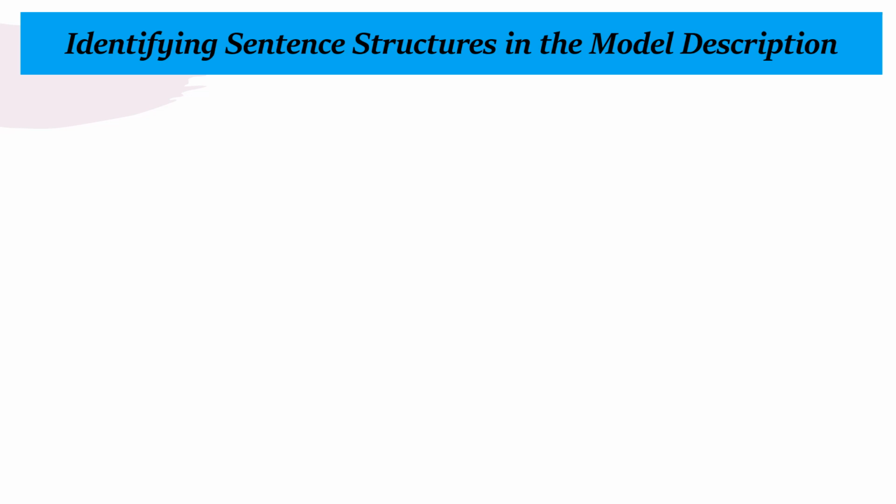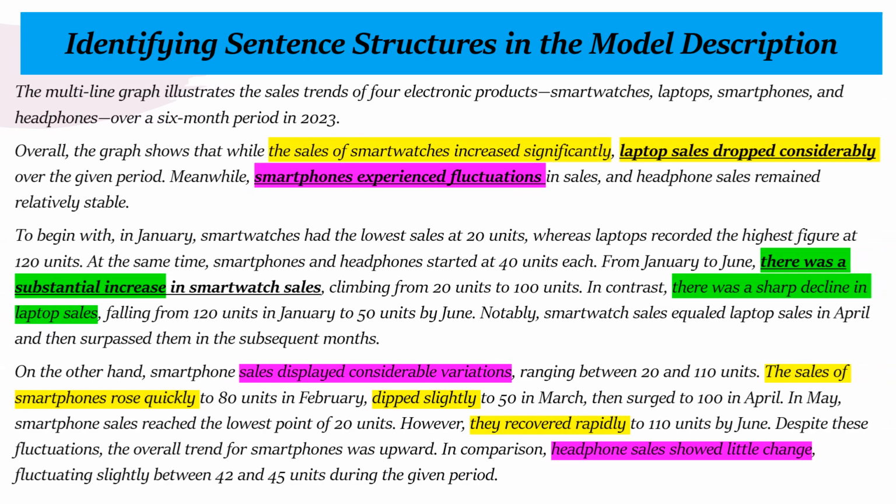Now let's check your answers. I have kept the original examples from the previous slide, but now all the sentences that match these structures are highlighted in different colors. For example, yellow represents noun plus verb plus adverb structures. Green represents there plus be plus article adjective noun structures.